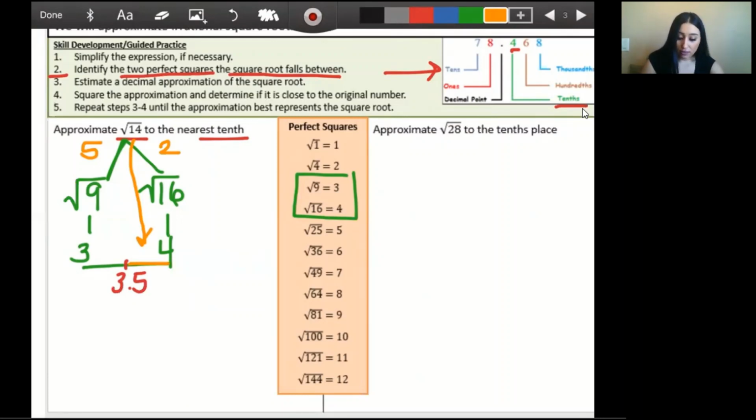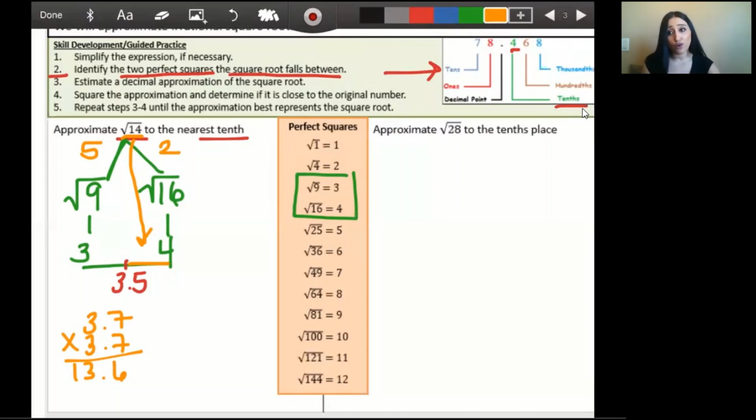If it's 2 units away, I'm going to add 2 tenths to 3.5, which leaves me with 3.7. I'm going to multiply 3.7 times 3.7, and that leaves me with 13.69. That's really close to 14. I'm also going to try a couple more in order to see if I can get even closer.